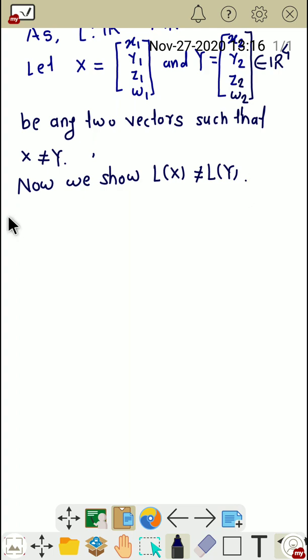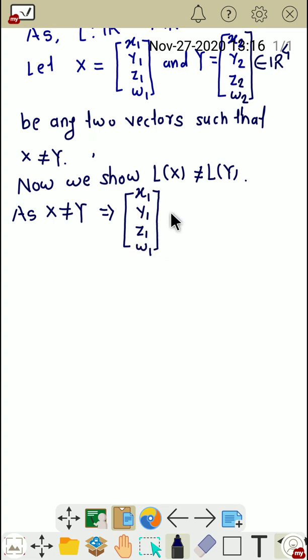Okay, so for that, as we are taking x not equal to y, this implies that the column vector (x1, y1, z1, w1) is not equal to the column vector (x2, y2, z2, w2).